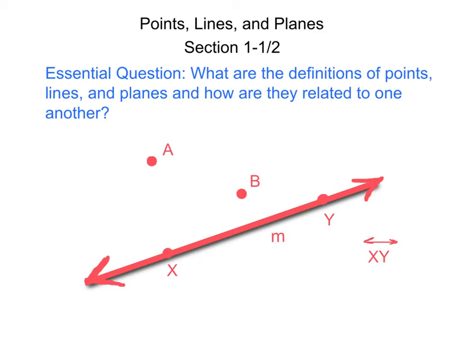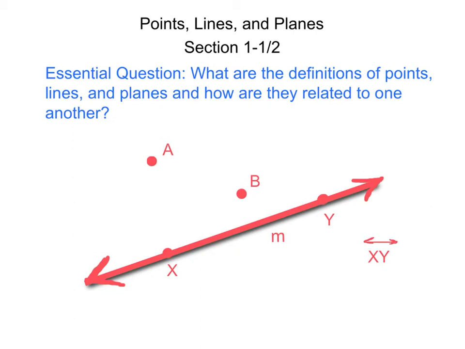Now, the last geometric figure we're going to talk about is a plane. A plane can be suggested much like the floor of a room, the ceiling, the wall, a tabletop, this screen that you're looking at right now. The only difference is, in geometry, a plane extends infinitely far in all directions.